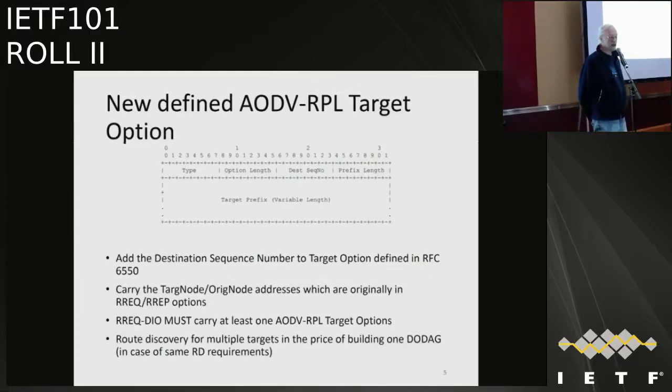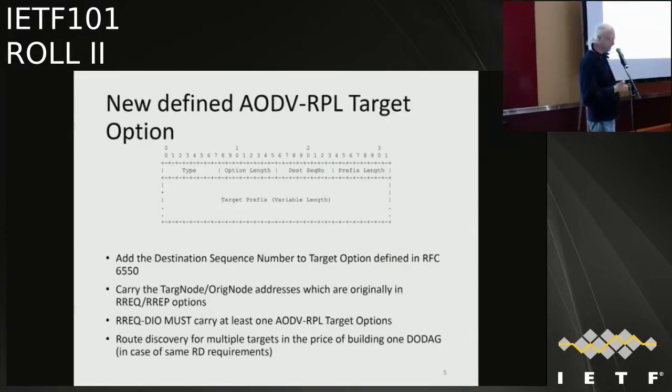And in AODV, we designed something called gratuitous route reply, which could be provided by an intermediate device. In AODV Ripple, because of the asymmetric routing and the paired DODAGs, that turned out to be somewhat less convenient, and I'm not sure how often that would be used.